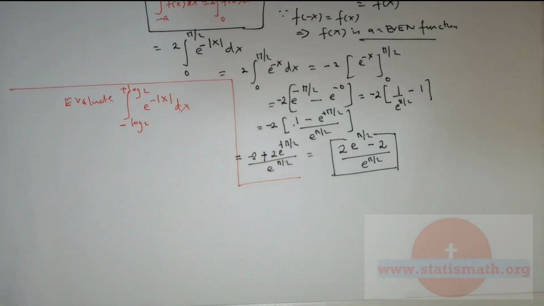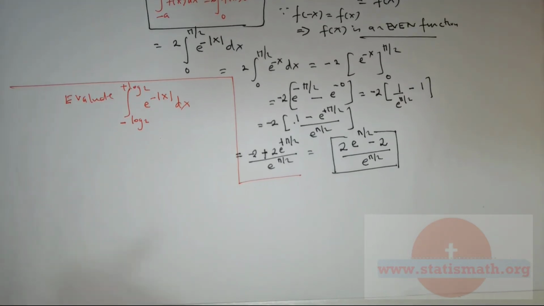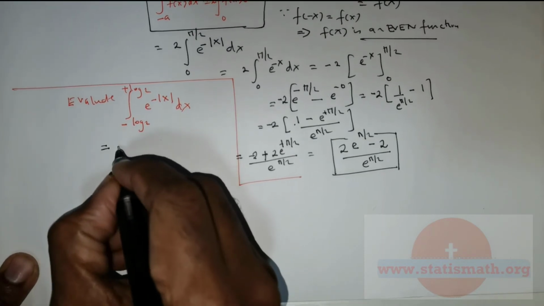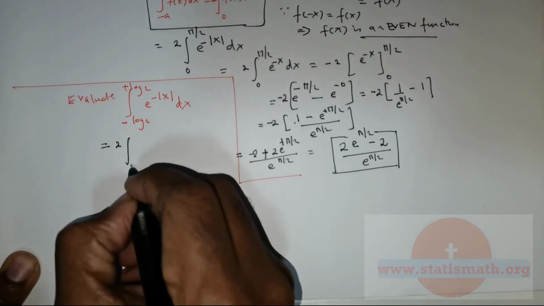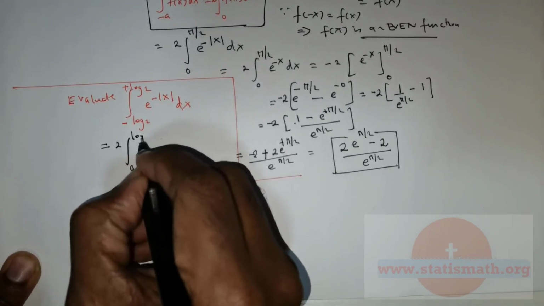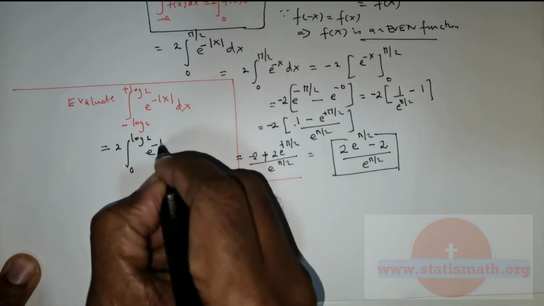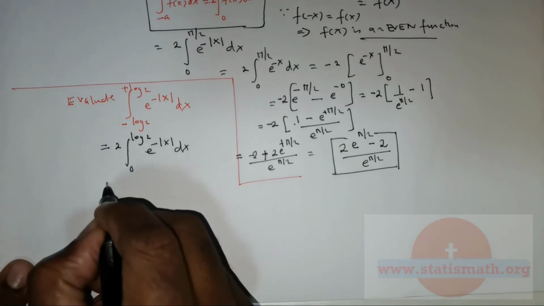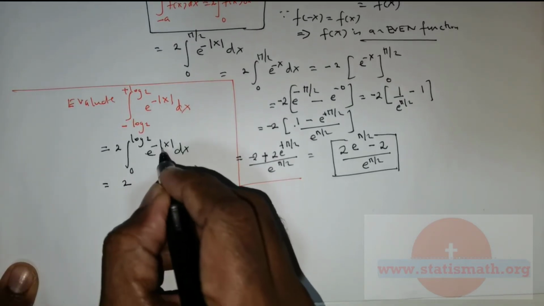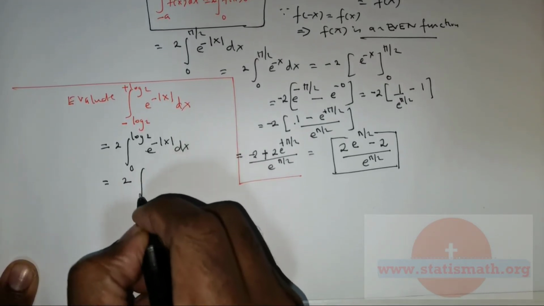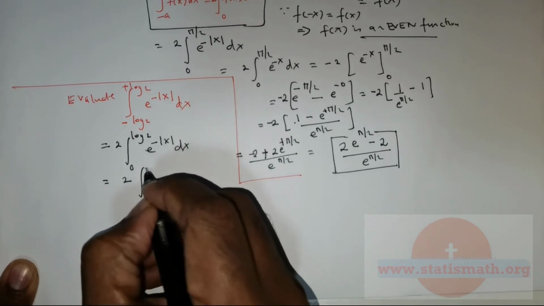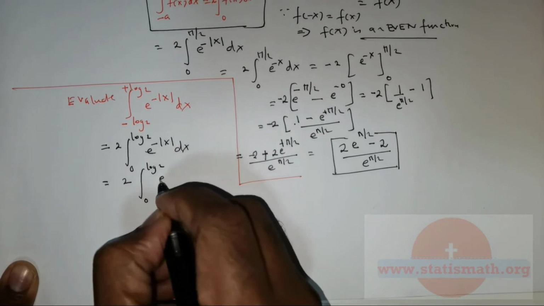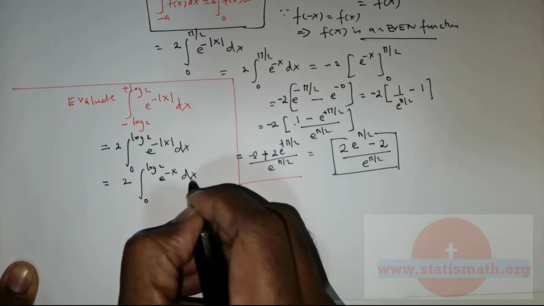Since we already know the function is even, I can rewrite this as 2 times the integral from 0 to log 2 of e raised to the power negative modulus of x times dx. This can be further rewritten as 2 times the integral from 0 to log 2 of e raised to the power negative x times dx.